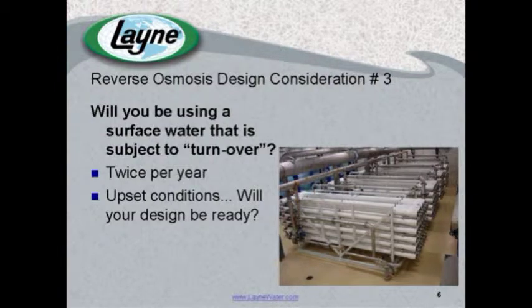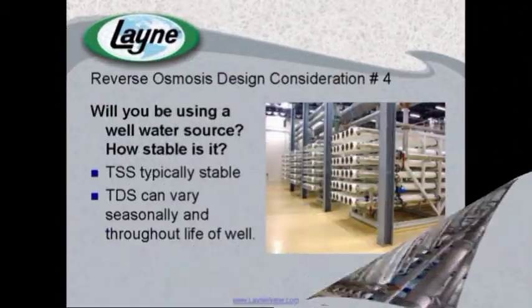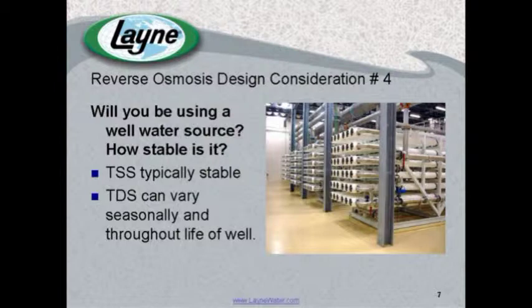Now, consideration number 4 would be, are you using a well? And if you're using a well, certainly one thing that's not going to be a factor is total suspended solids. However, wells do not necessarily maintain a constant level of total dissolved solids.